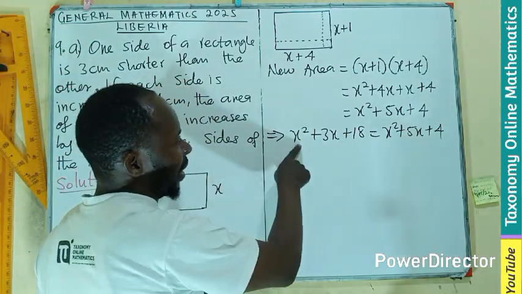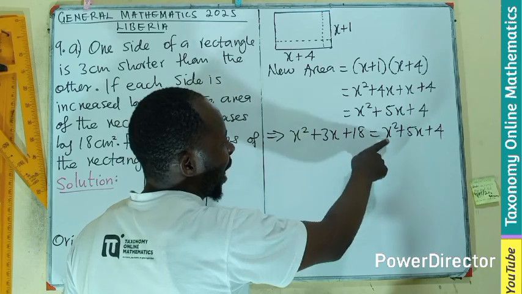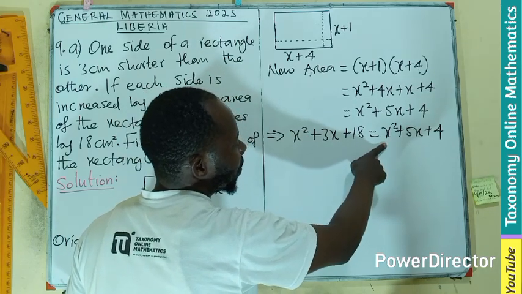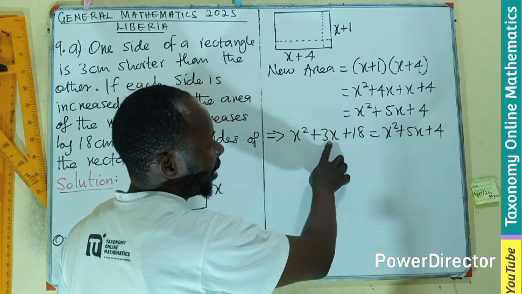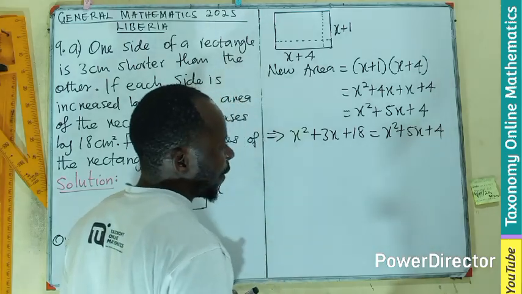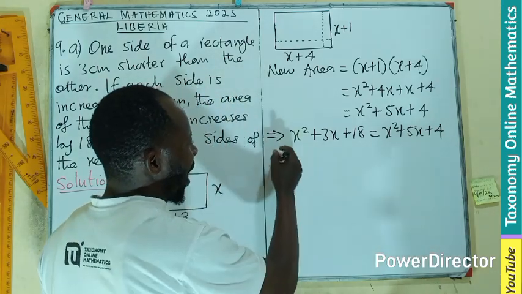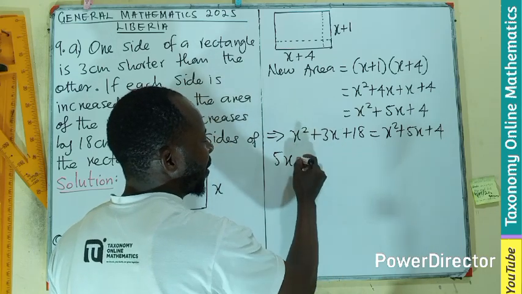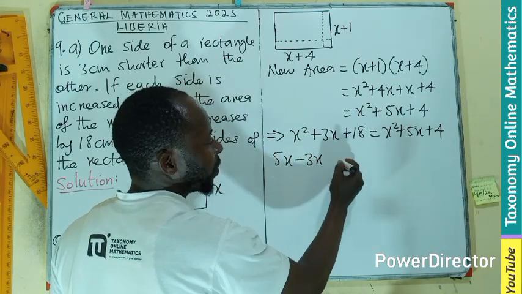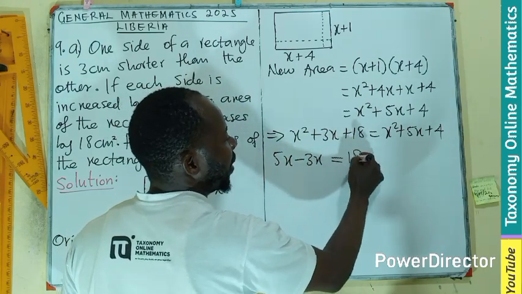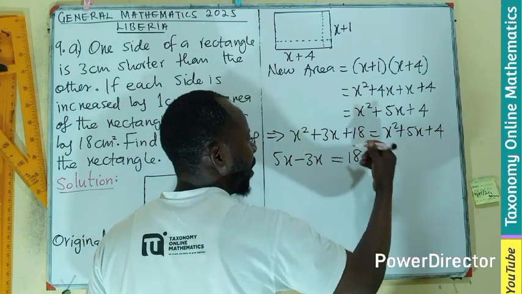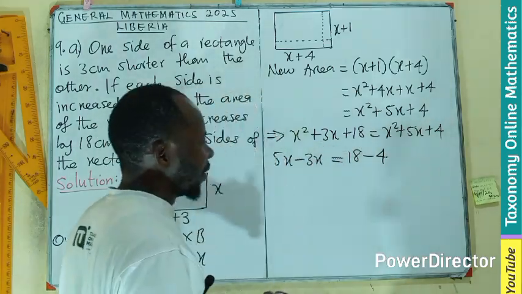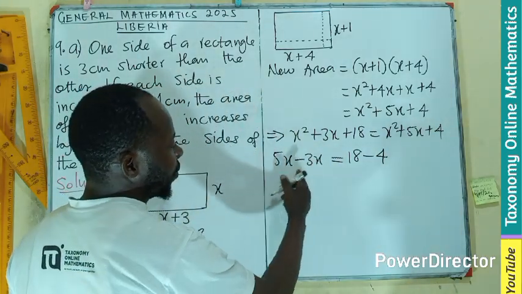If I group like terms, x squared will be cancelling. Then I'll be left with only these terms. Let me have 5x at the right, sending the 3x there, equals 18 on the left, bringing in the 4 as minus.